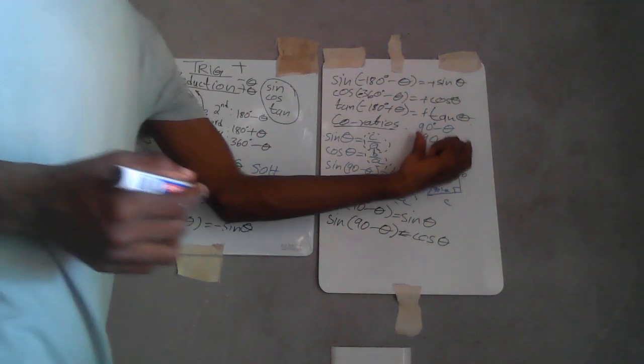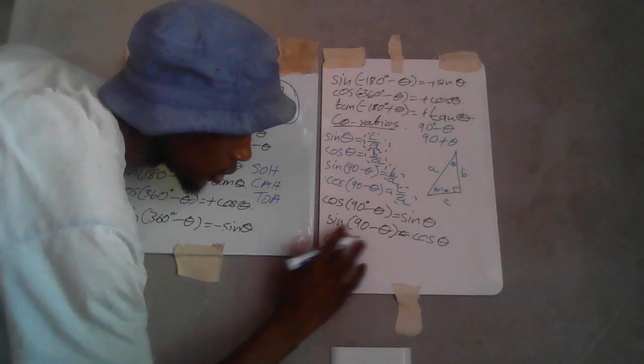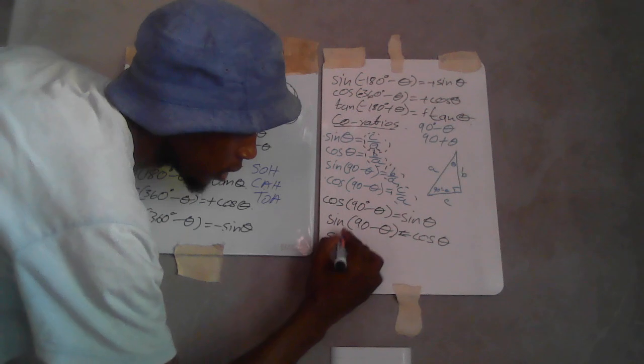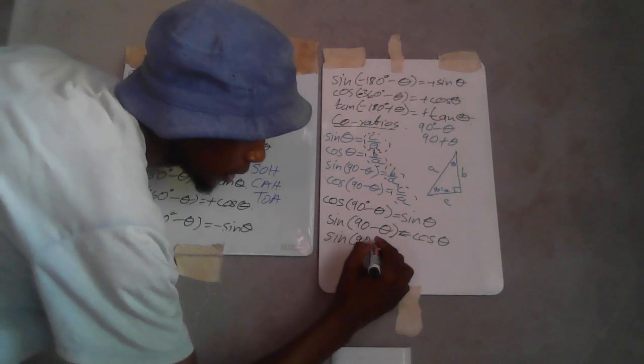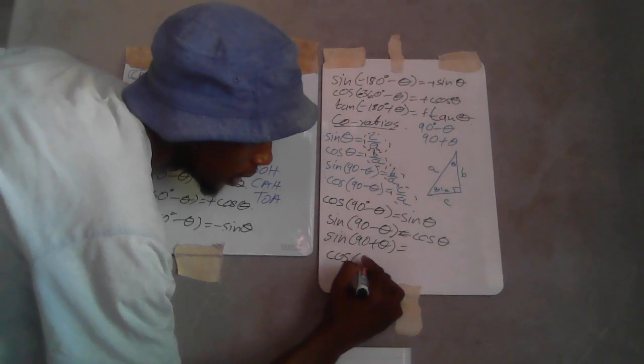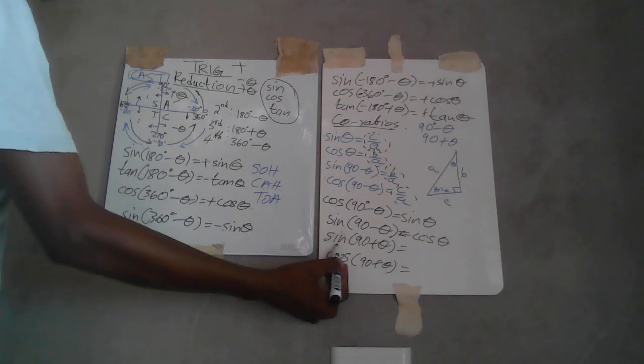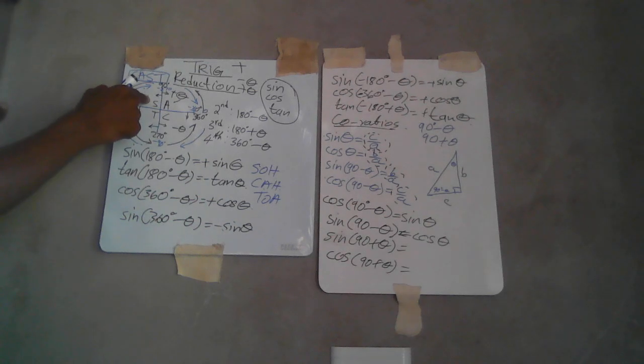Let's move to this one with plus. Let's start with sine 90 plus theta, and cos 90 plus theta. This one we go to our CAST diagram. 90 plus theta, second quadrant. Is sine in the second quadrant positive or negative?